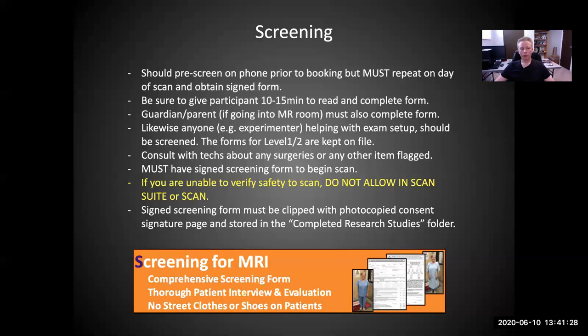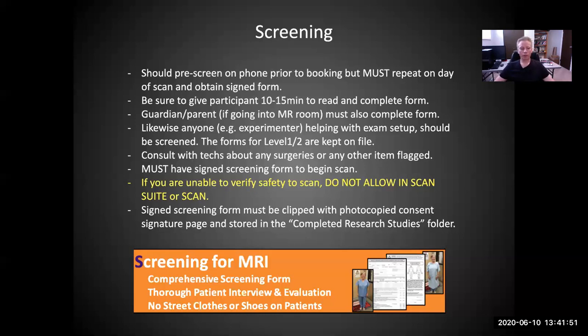Likewise, we have to be certain that other people, whether it's medical personnel or experimental personnel, such as researchers that are maybe helping with exam setup, are also screened. And that's why, for example, we need to have every level 1 that is trained, who is expected to be working in the MR area, to also complete the screening form.